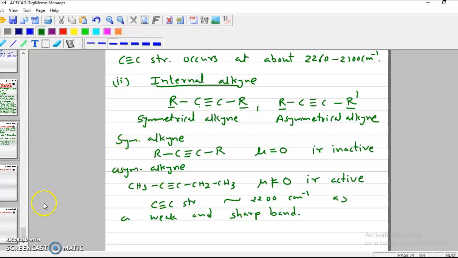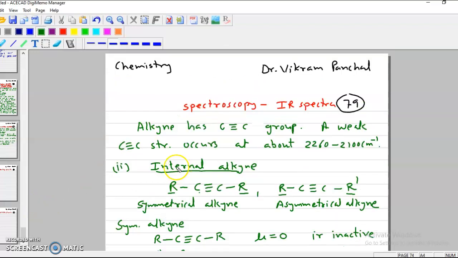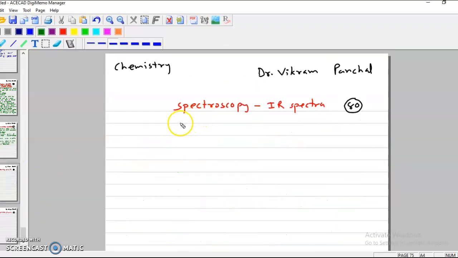So let us take one example so we understand how we will get IR spectra. The best example is this one. This is known as 1-hexyne, or hex-1-yne, in which you will find CH stretching.